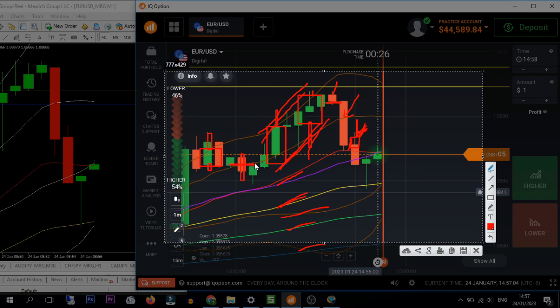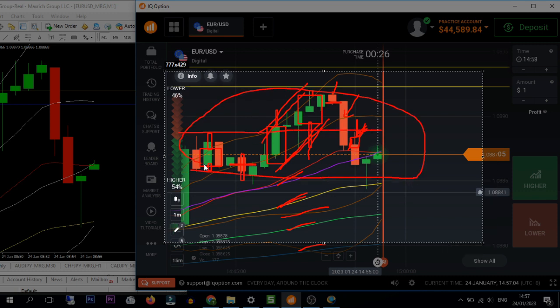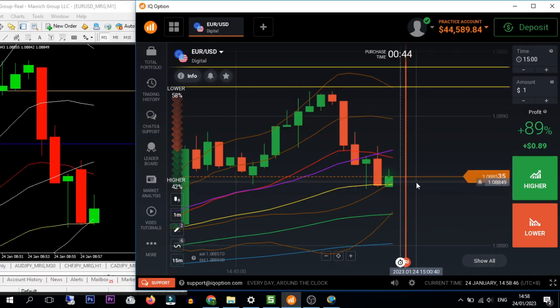But the problem here is we are in some kind of consolidation. Why? Because I did not see that the hammer is broken. When the hammer is broken, this could also be a strong pressure. That is why I'm not understanding.